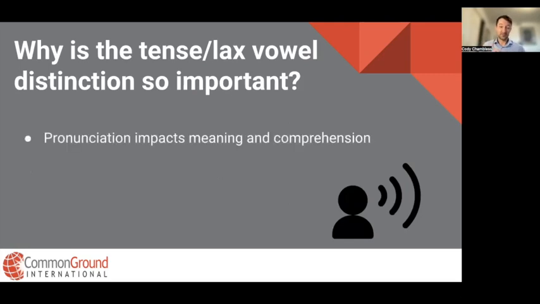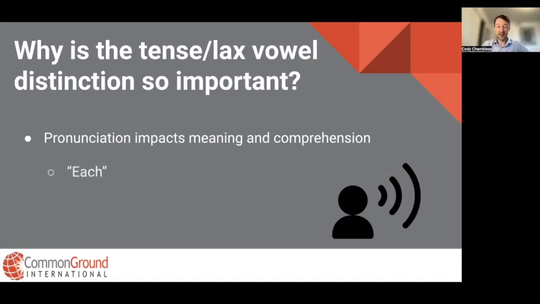Why? Because pronunciation, of course, impacts meaning and comprehension. So the way that we say a word impacts the meaning of that word and people's ability to understand what we are saying or what we are talking about.